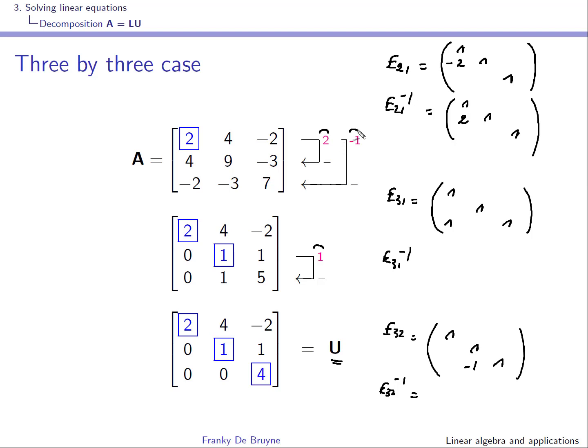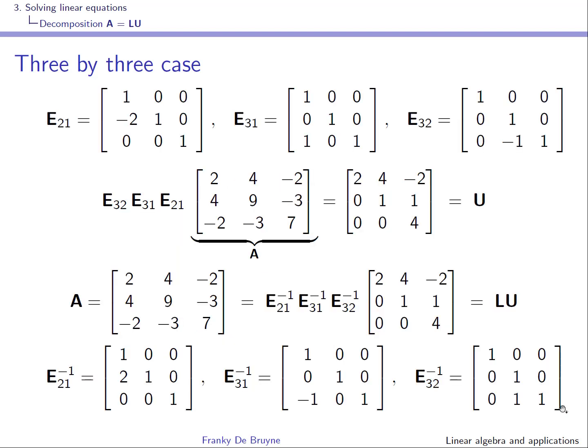So here we take the multiplier, and we'll end up with this matrix over here with a minus 1, okay, and here we'll obtain a matrix with a 1 over here, because that's the multiplier that you see over here. Okay, so it's quite easy to construct the elimination matrices and the inverse of these elimination matrices.